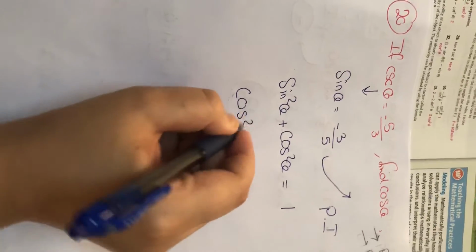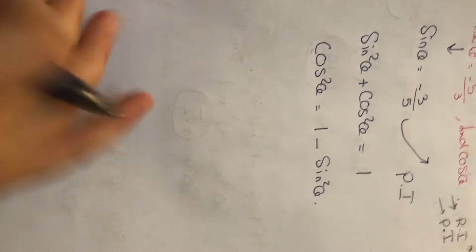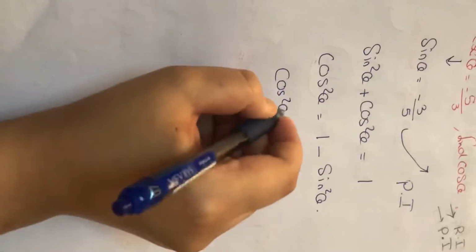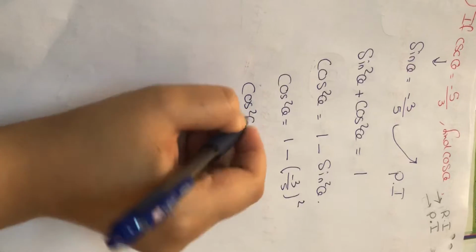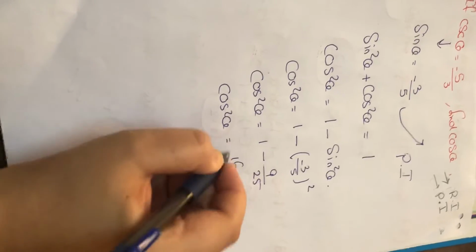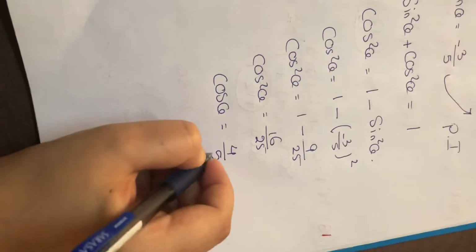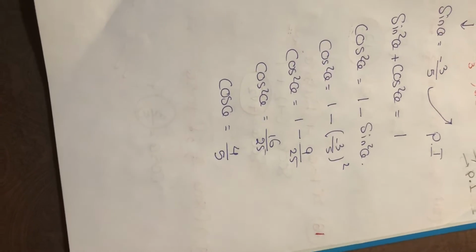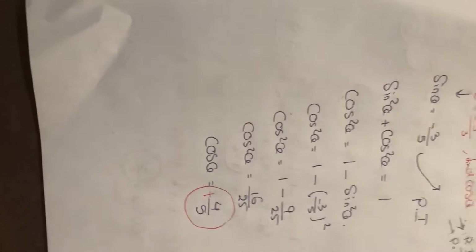So cosine squared theta is 1 minus sine squared theta, which is 1 minus (-3/5) squared, so 1 minus 9/25. I bet you remember the numbers now. This is 16/25. Cosine theta is equal to 4/5, and it is positive because I'm in quadrant 4. Just remind yourself the answer is positive.